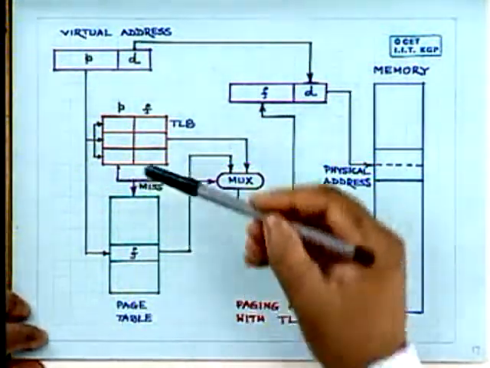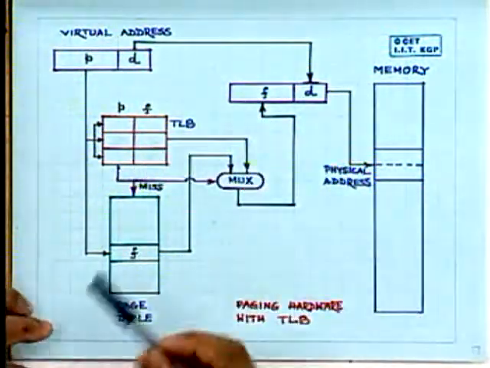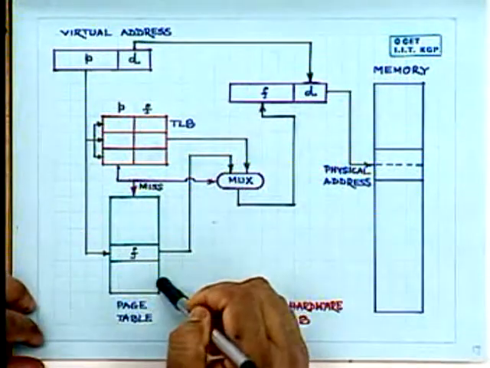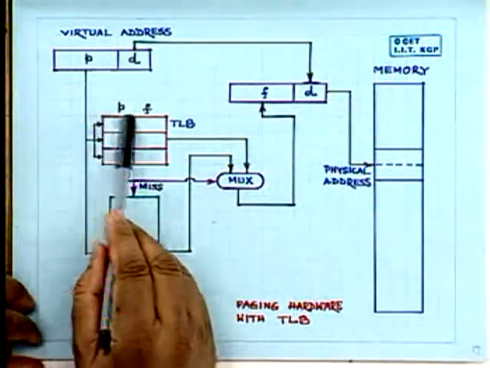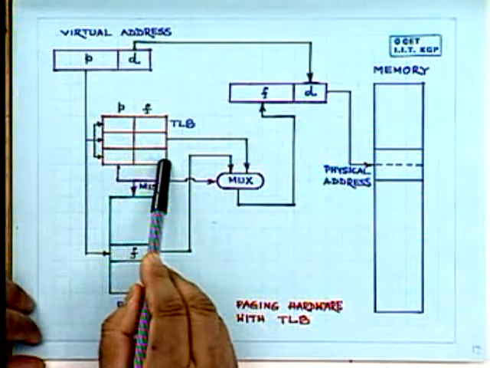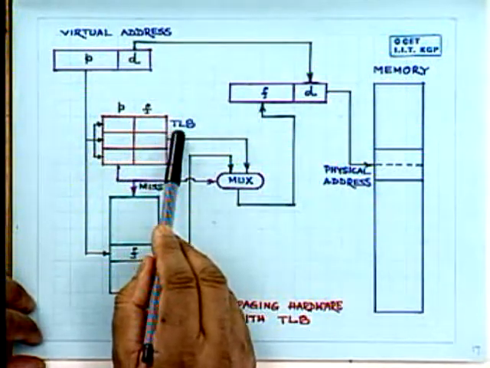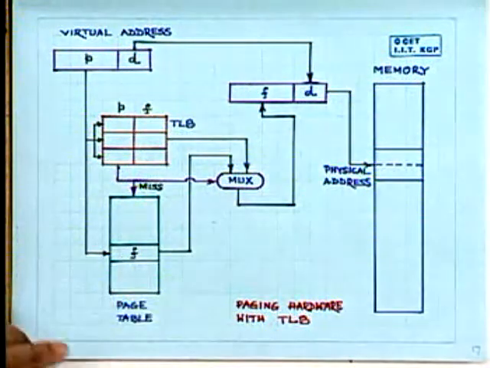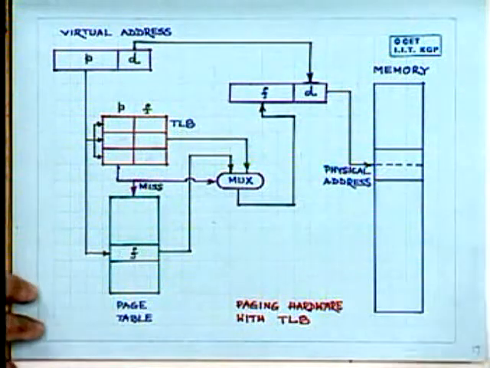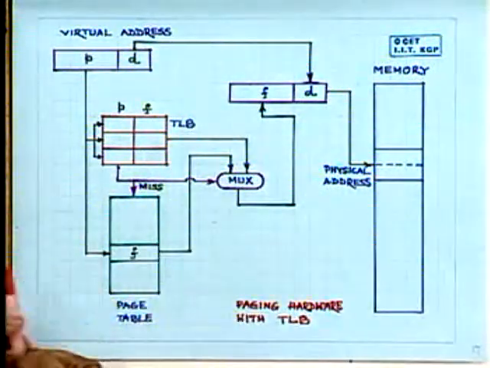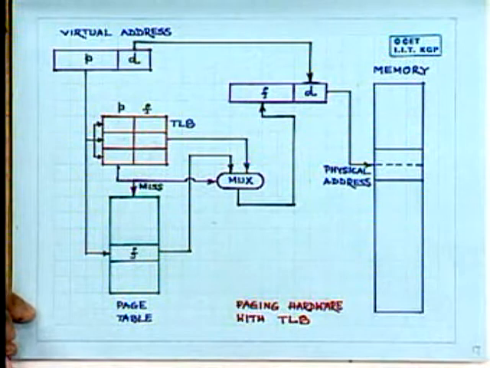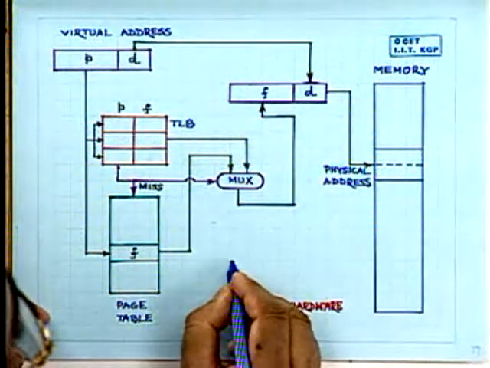Now, what we do is this: part of this page table we keep in a set of hardware registers we call the translation look aside buffer. Let me give the full name: translation look aside buffer, TLB.